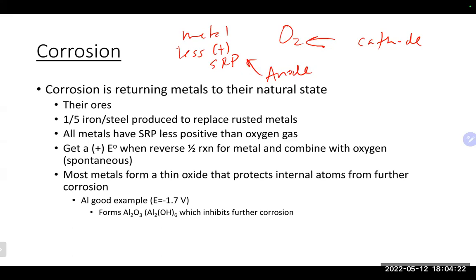Now, corrosion or oxidation of metals isn't necessarily a truly bad thing. Some metals can form a layer on top, which can protect the metal underneath, preventing further oxidation. For example, aluminum will make a nice layer of aluminum hydroxide or oxide, and that protects the metal underneath.